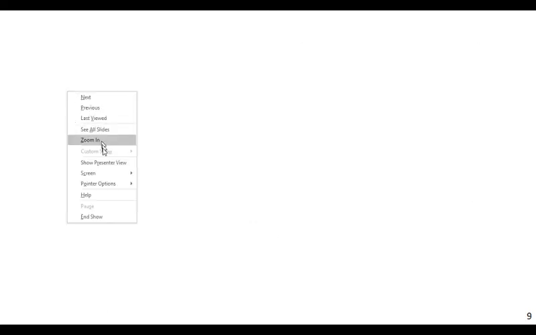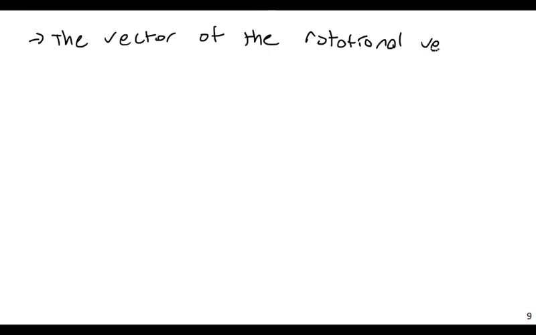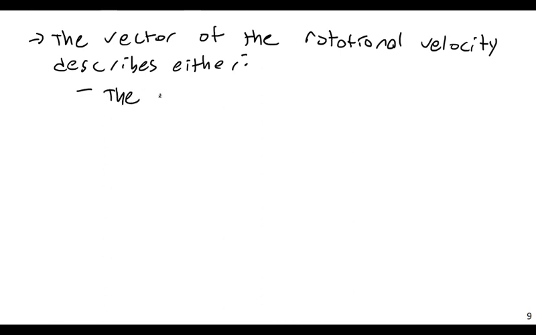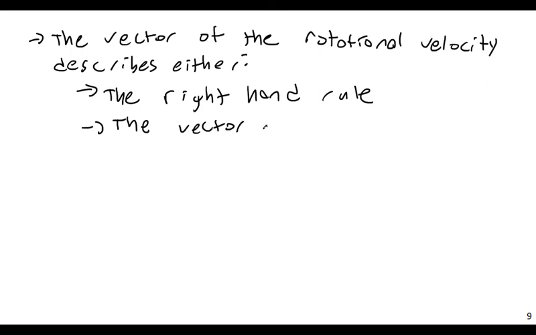So maybe I could write that out here for emphasis. The vector of the rotational velocity describes, by the right-hand rule, the vector of the axis of rotation, the rotational axis.